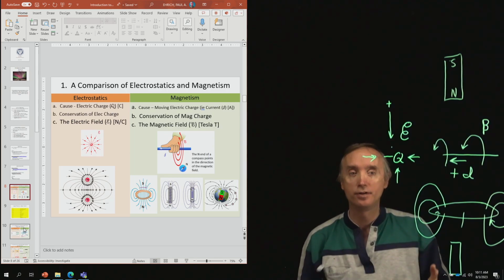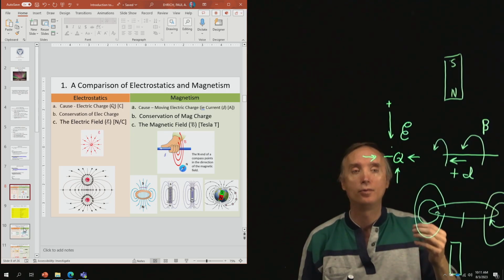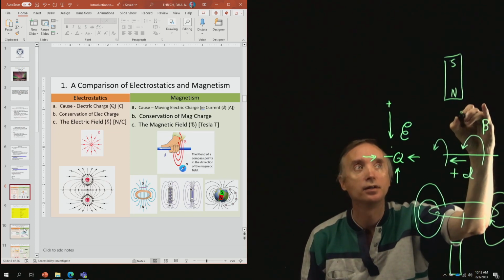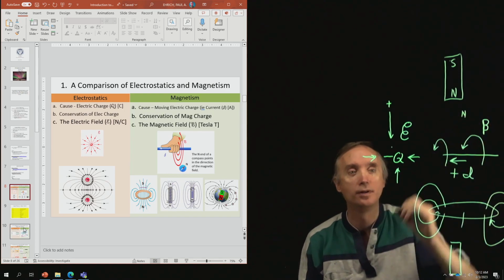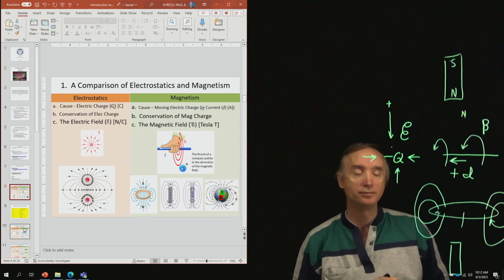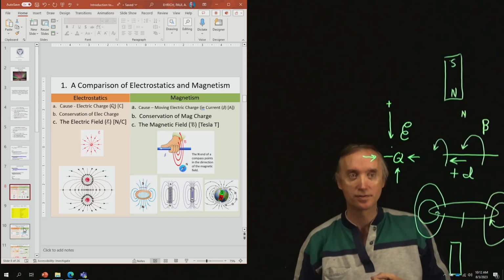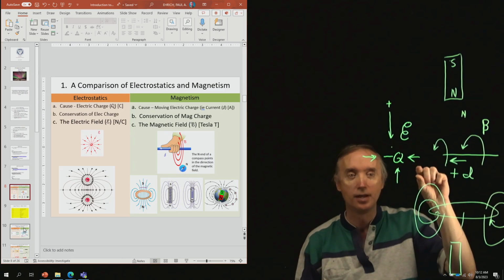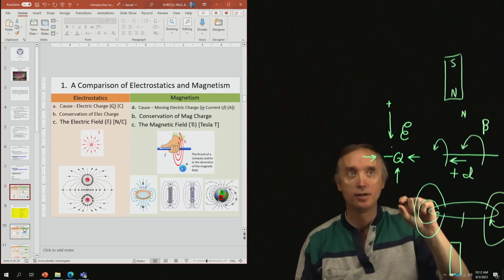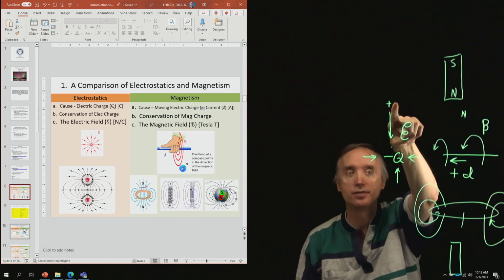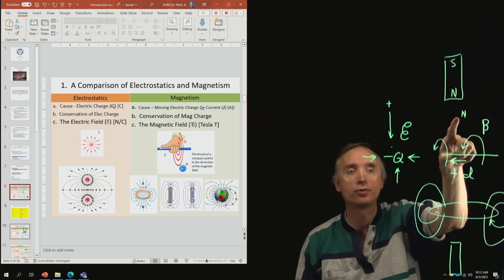Now, there's a couple of different ways that we can do it, but the way that scientists do is they pretend that they have a teeny tiny little north pole. Now, do you remember that I just got through saying that you can't isolate a north pole from the south pole? But that doesn't stop theoretical physicists. So they pretend that they have a teeny tiny north pole and they want to know what would happen to it. So in the same way they use a positive test charge, they use a north pole in order to test for magnetism.